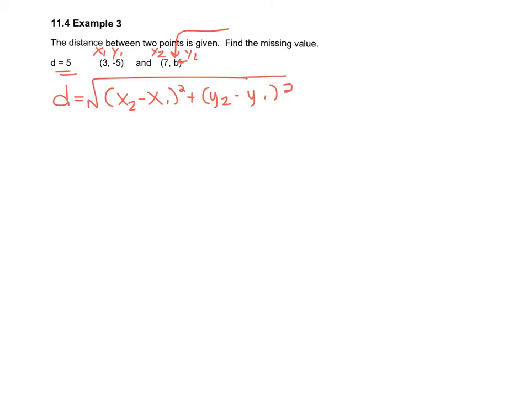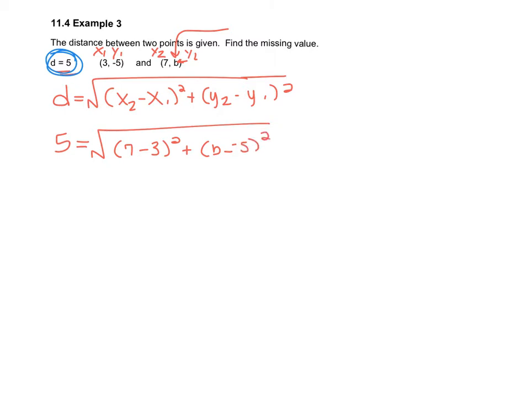So if I start off using my distance formula, you'll see here that I gave you the distance. The distance actually is 5. So here I can substitute in the distance. I know the distance is 5, and then I can plug in the rest of these. I have 7 minus 3 squared plus y2 is b minus a negative 5 squared.